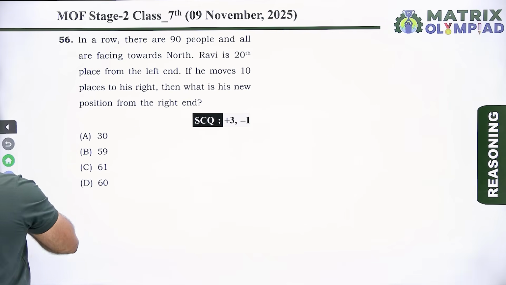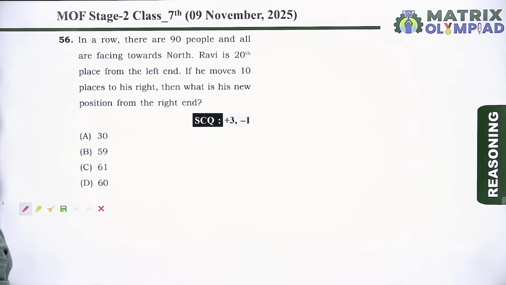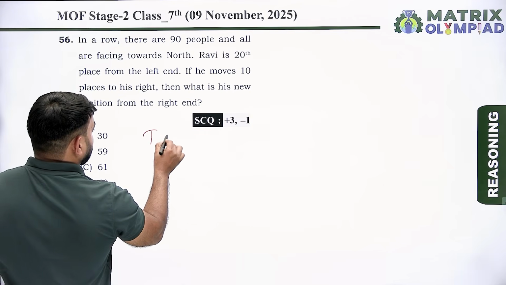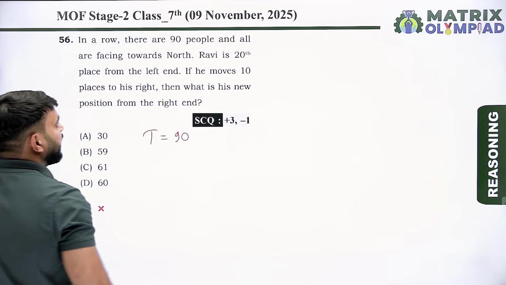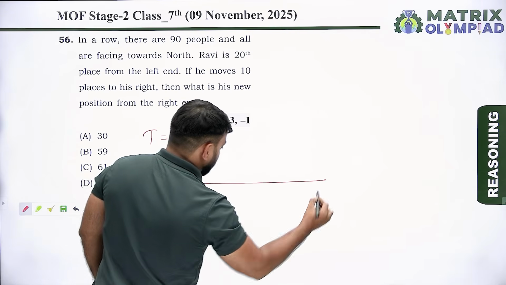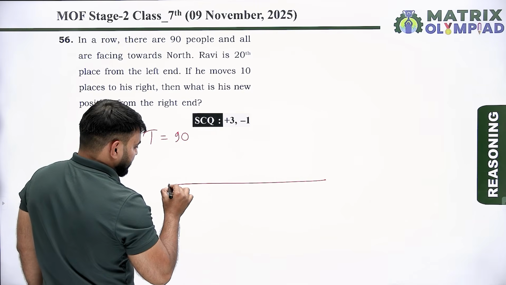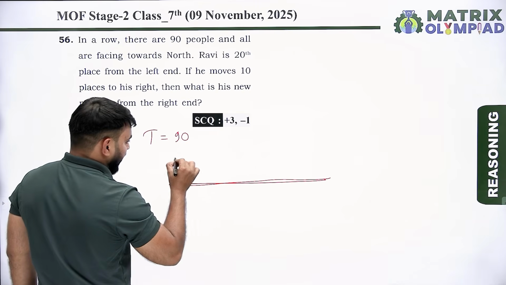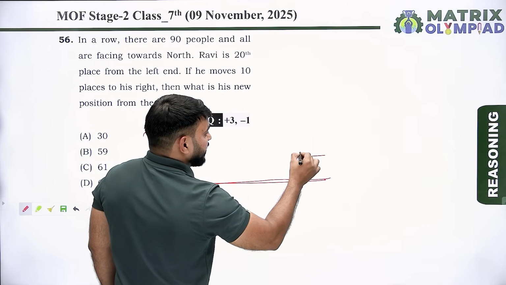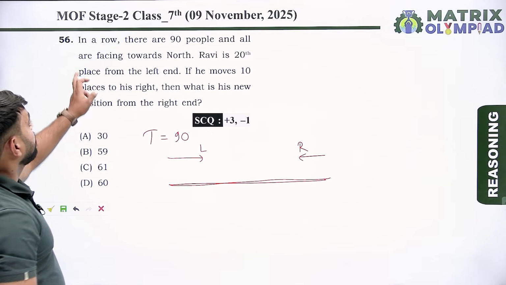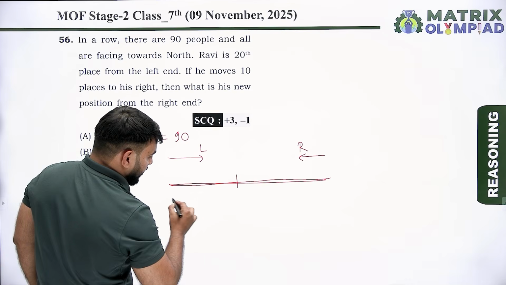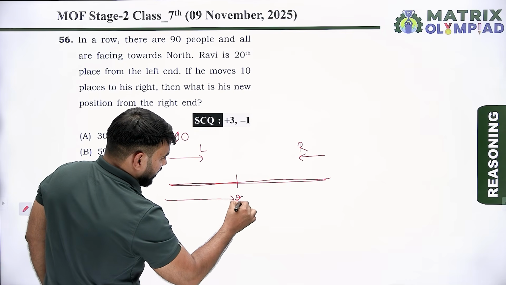So now next question is question number 56. In a row there are 90 people. So number of people is equal to 90 and all are facing towards north. This is a row, and this is the left end of the row, and this is the right end of the row. Now Ravi is 20th from the left. Position of Ravi is 20 from the left.